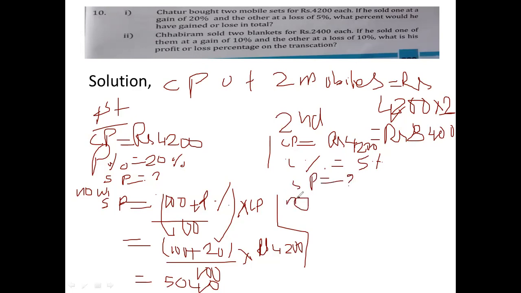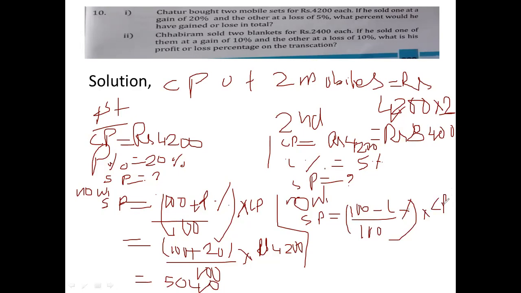SP equals (100 minus loss percent) by 100 into CP.